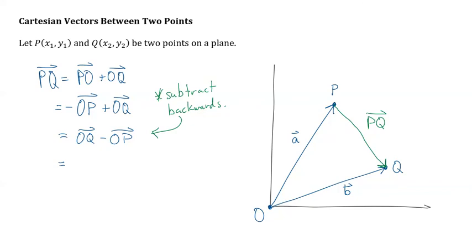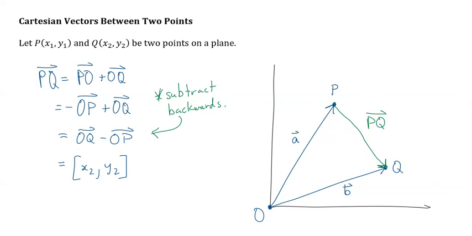Q is point x2, y2. So the vector that goes from the origin to Q is that vector. You just put square brackets instead. Minus OP, which is x1, y1. So this would be x2 minus x1 and y2 minus y1.